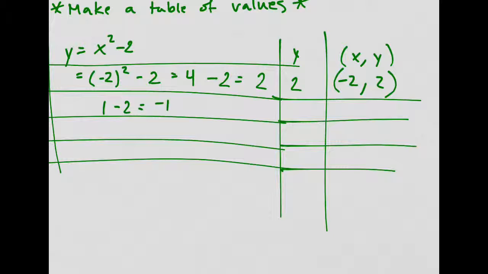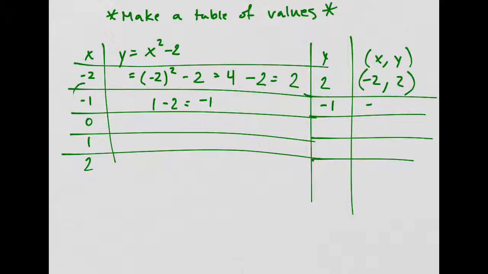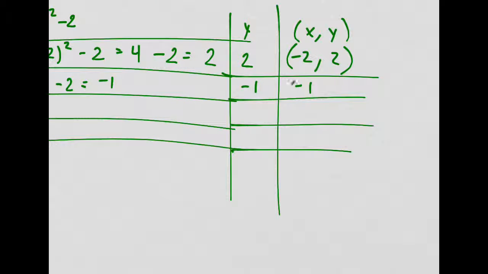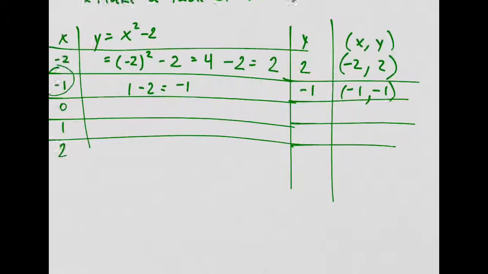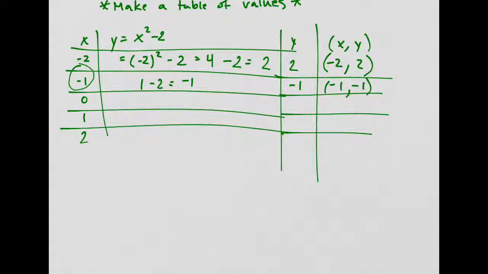So we have negative 1 for the x and negative 1 for the y. Okay, very good. If I plug in 0, I get 0 squared minus 2. That's just negative 2. So I get 0 comma negative 2.